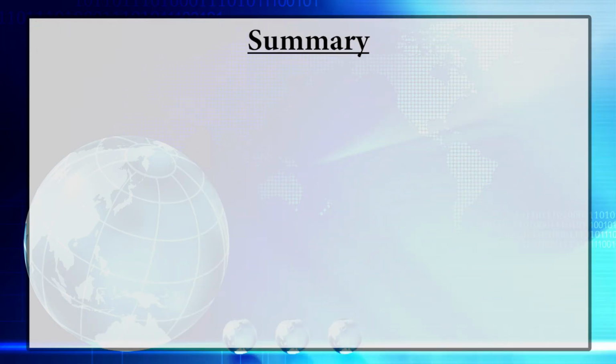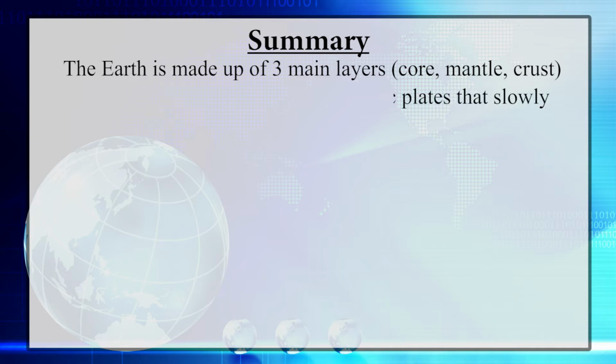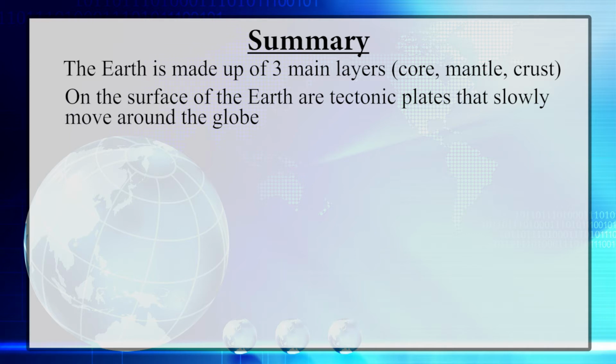And now we can conclude the plate tectonic concepts. Number one, the earth is made up of three main layers: core, mantle and crust. To know the plate tectonic concept, this has to be known. Number two, on the surface of the earth are tectonic plates that slowly move around the globe.